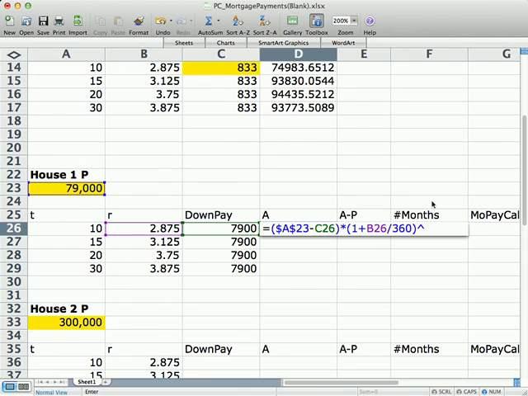And now I'm raising this to what exponent? NT, so that's going to be 360 times, what's my time? 10 years. In this case, it's 10 years. And I don't want that to be dollar because I do want that to shift depending on what that is. So I can close parentheses.